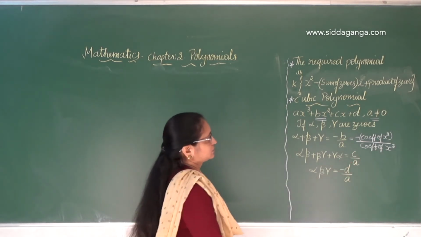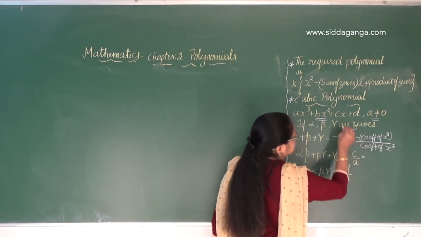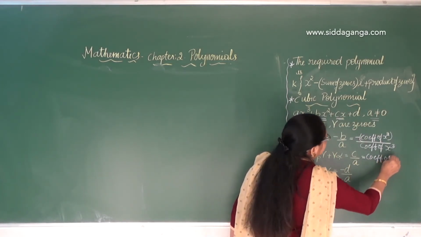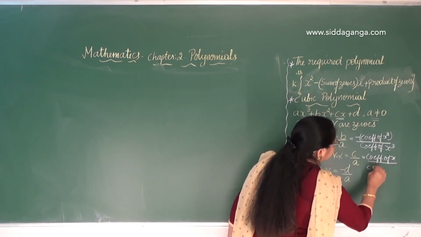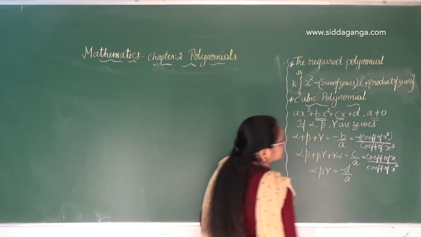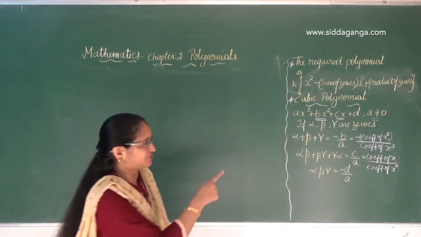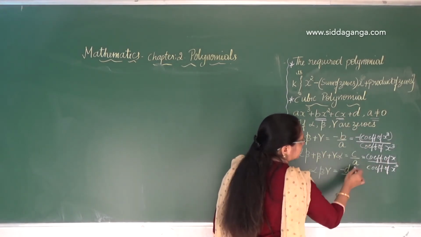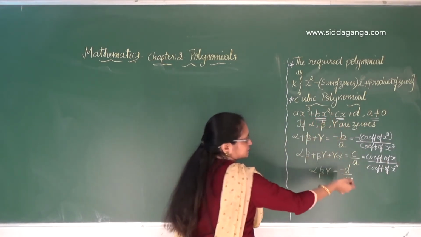What is c now? c is the coefficient of x divided by the coefficient of x cube. So, you should note this carefully now. c is the coefficient of x and a is the coefficient of x cube.